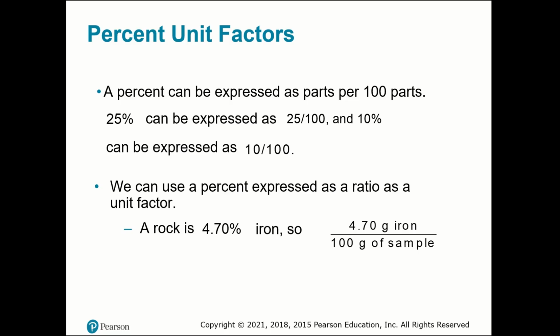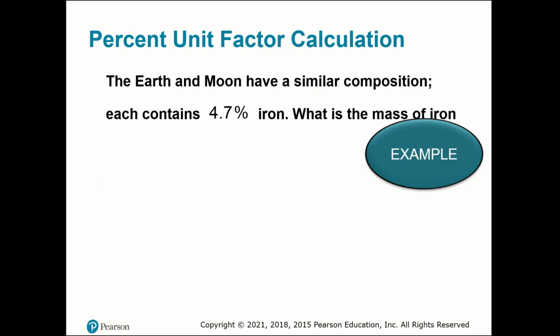So a percent can be expressed as parts per 100 parts. So 25% can be expressed as 25 divided by 100, and 10% can be expressed as 10 divided by 100. So we can use a percent expressed as a ratio as a unit factor. For example, a rock is 4.70% iron, so 4.7 grams of iron per 100 grams of sample. The Earth and Moon have a similar composition. Each contains 4.7% iron.